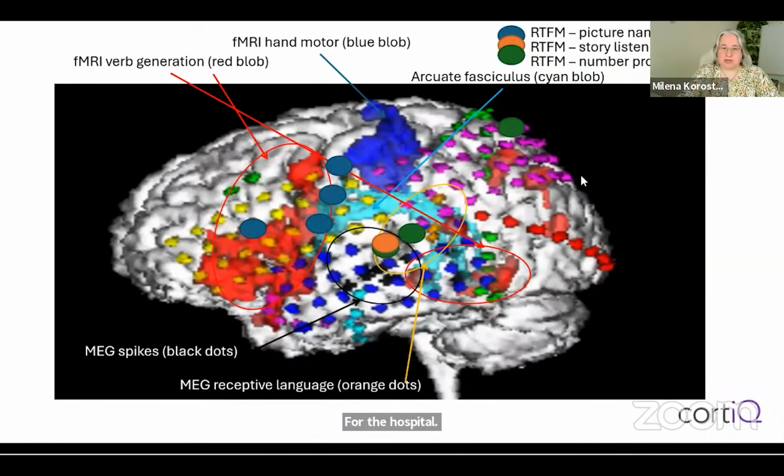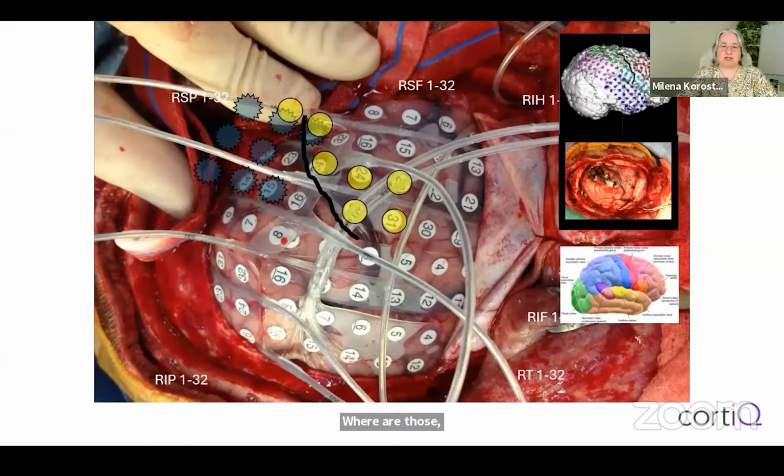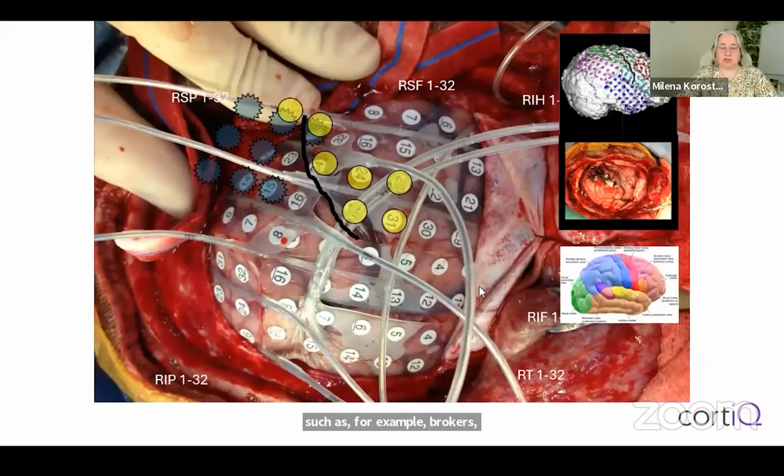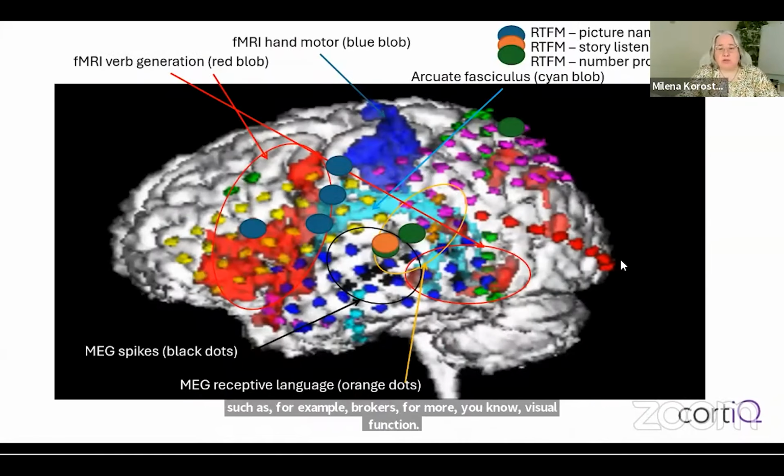And sometimes it's really complicated for us to decide where those functionally significant areas are, such as, for example, Broca's, Wernicke's, and areas responsible for motor and visual function. And here you see one of those examples when it was fairly complicated.